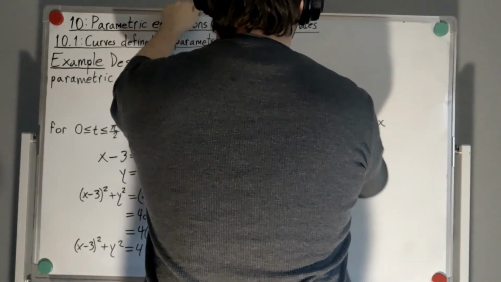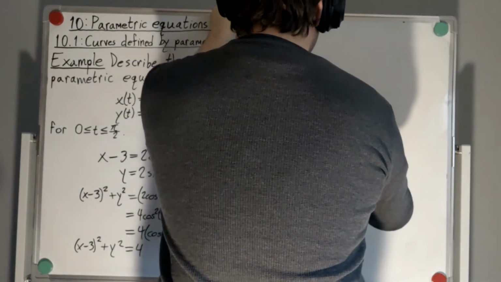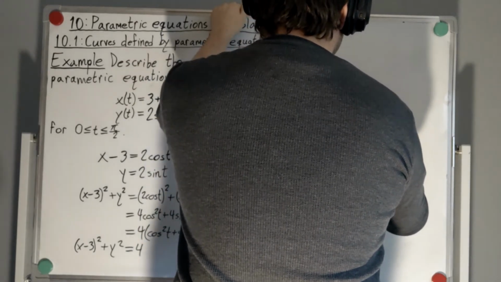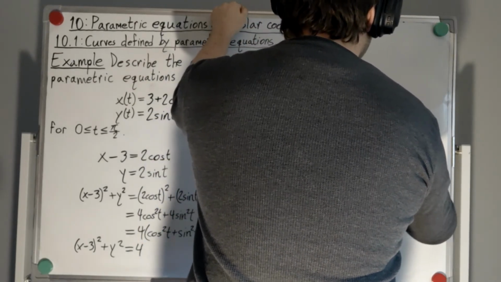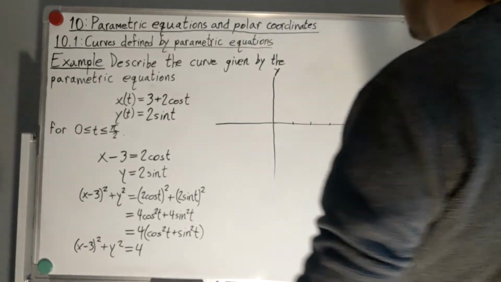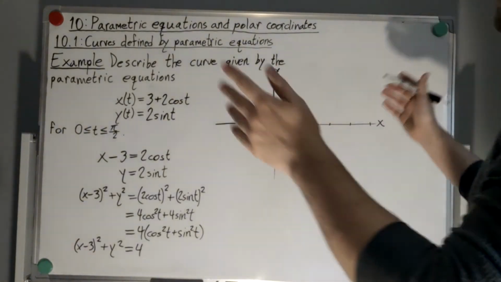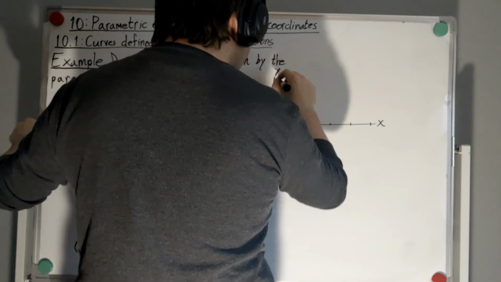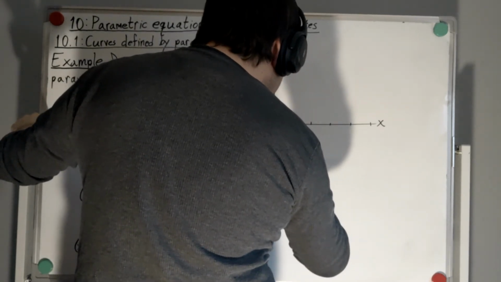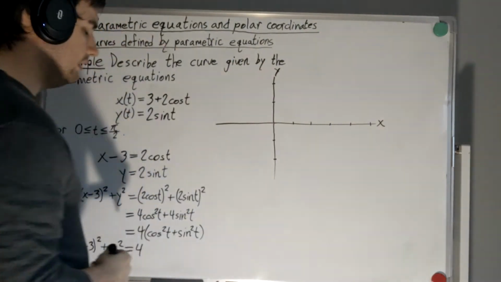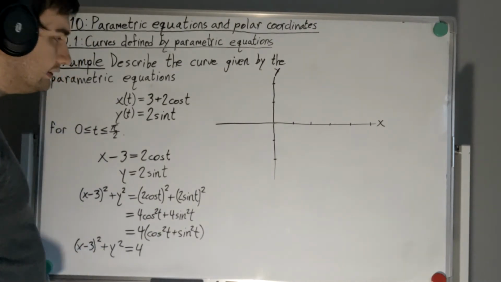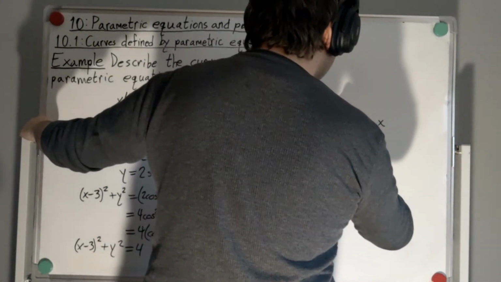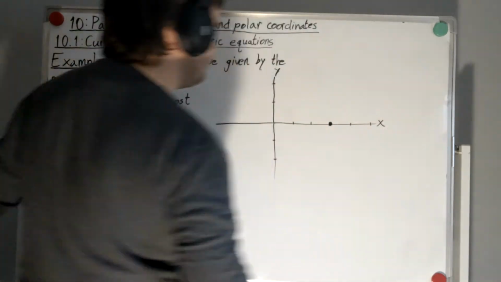Okay. So let's see here. Let's go out by 3 on the x-axis. Actually, we're going to need 5 units on the x-axis. Okay, and then 2 units up and down the y-axis. So then 1 and 2, 1 and 2. Okay, center is at 3, 0. So 3, 0 is this point right here.